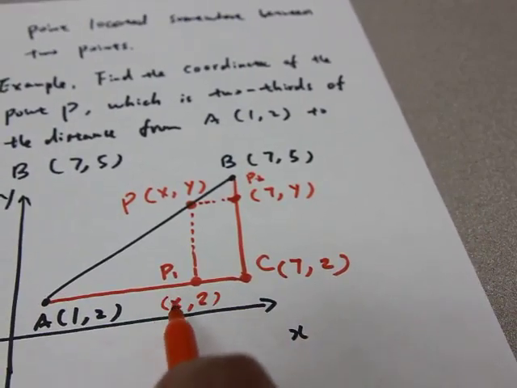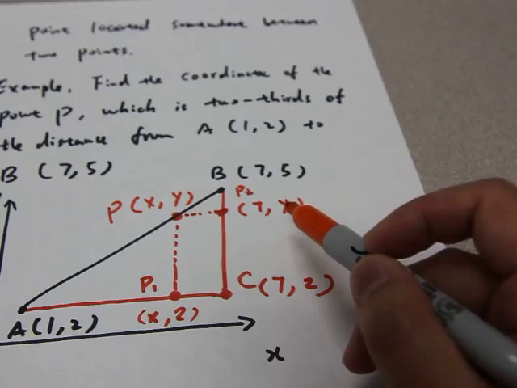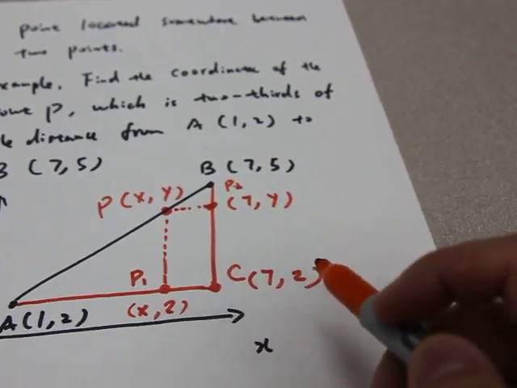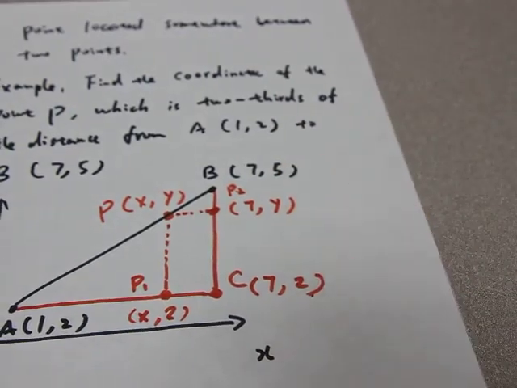So we can determine x, and the y is located 2/3 of the distance from 2 to 5. So we can determine y. Okay.